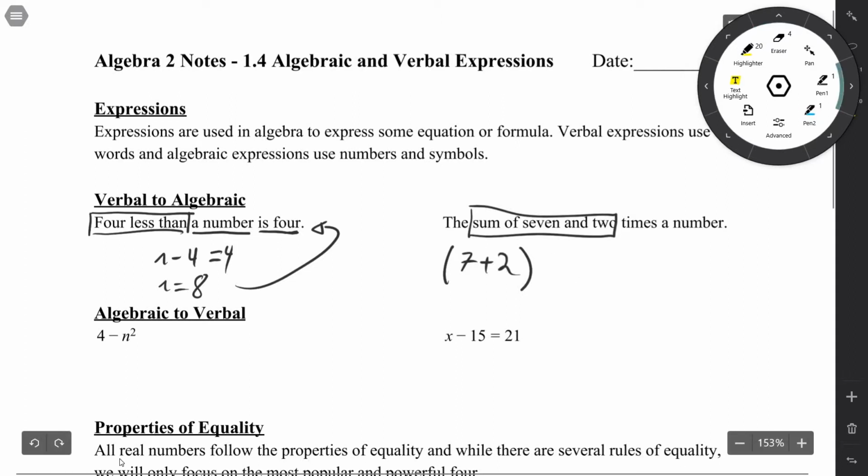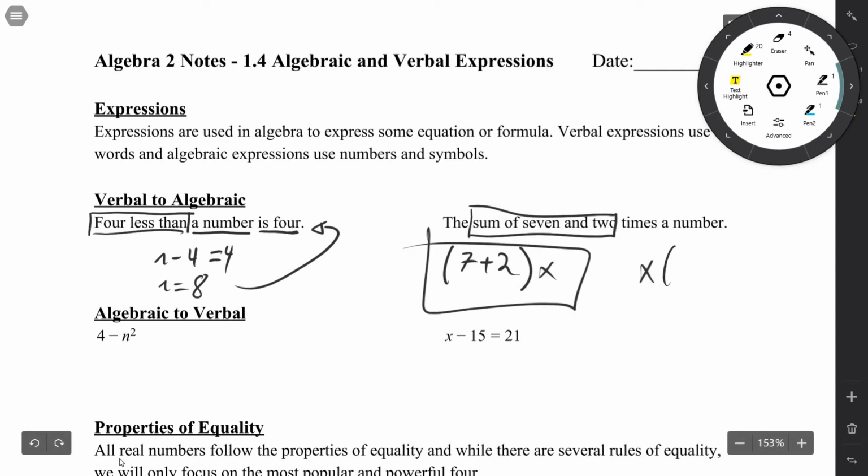We can really use anything. We could use x, just a number, a variable. It's not saying a number n or a number x, because then we would have the variable defined for us already, but that's not the case here. You can rewrite this in a more common form with the variable out front, so x times the sum of 7 and 2. We could solve it by either adding these or distributing, but it's just going to simplify out to 9x. But that's not a necessary step here.